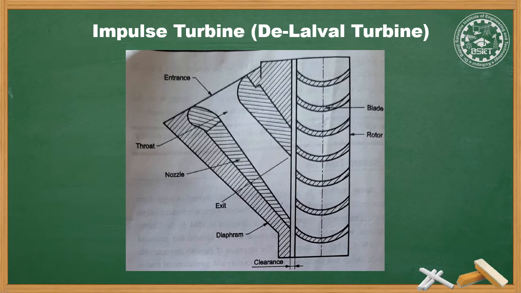The loss of energy due to this higher exit velocity is commonly called the carryover velocity or leaving losses. Thus, in a pure impulse turbine, the high velocity jet from nozzle strikes on the blades mounted on a wheel attached to the shaft. The nozzle axis is inclined at an angle to the tangent of the rotor.